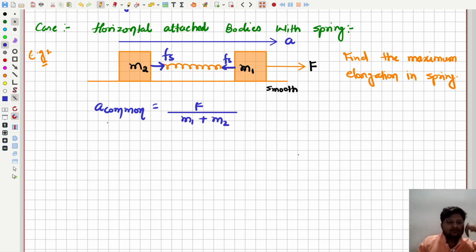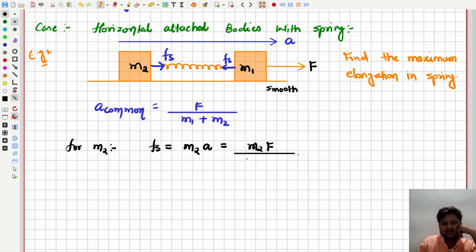And then I want to find this spring force, so I can just simply write this for m2. For m2, only spring force is pulling it, so spring force is equal to mass m2 into acceleration, which is m2F by m1 plus m2. This is my spring force.